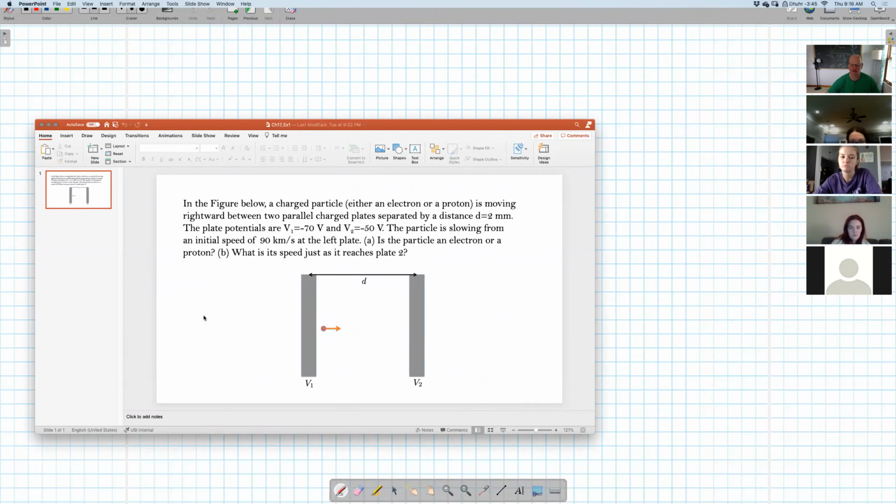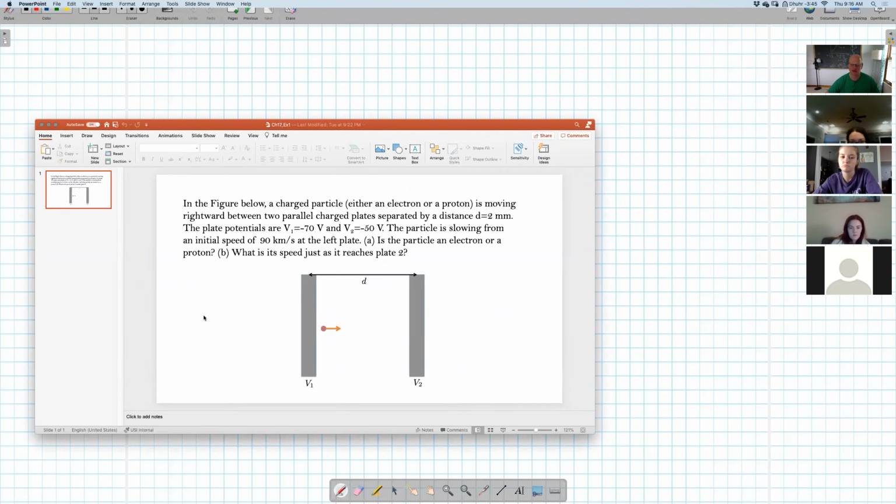But we also know that the change of potential energy is the same thing as the charge times the change of potential. This charge is the same as that charge, so my change of potential is equal to negative of the electric field times the displacement times cosine of the angle between the two.